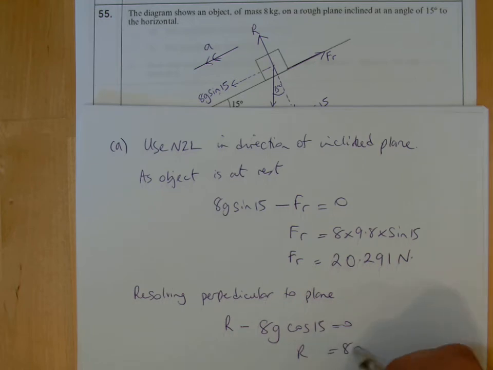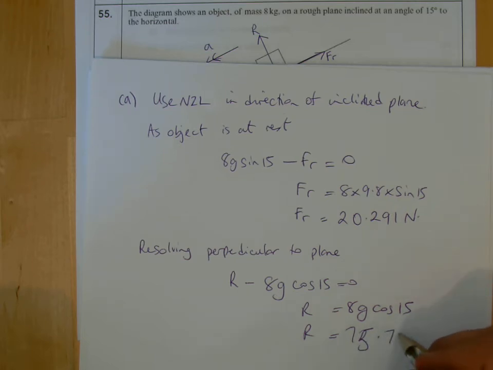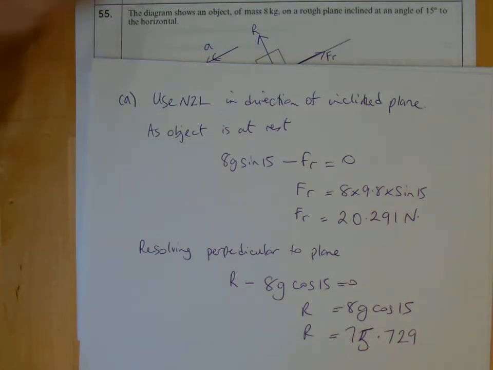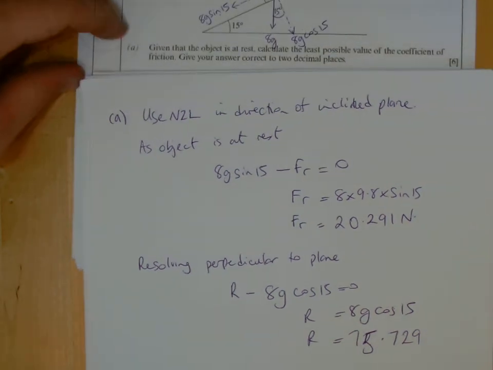So R is equal to 8g cos 15. We can work that out: 8 times 9.8 times cos 15, and we get 75.729. I'm going to go for three decimal places, so then my final answer should be in two decimal places.